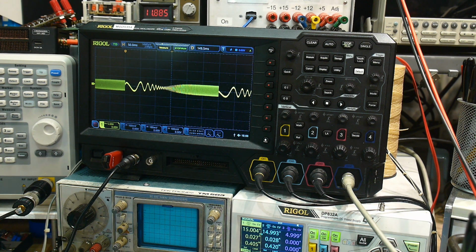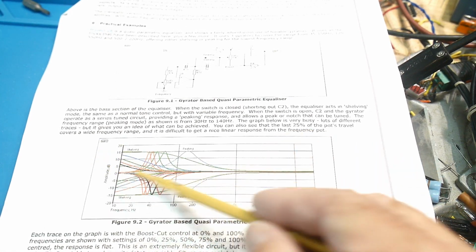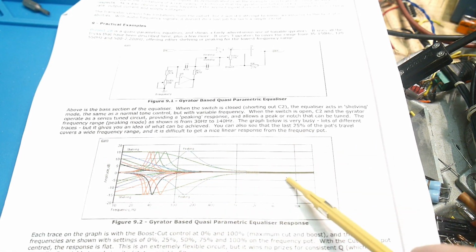So just by changing that one resistor, you get different shapes on the curve. And they sort of show that here. You can either get a peak this way or you can get a peak down this way.